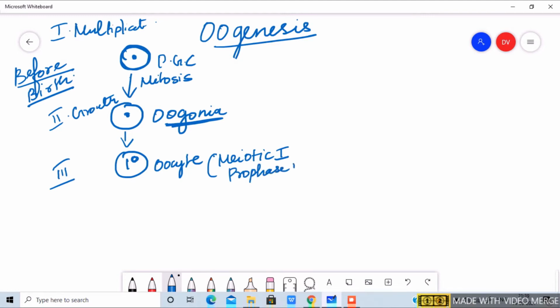There is a stage called prophase 1 in meiosis 1, and under prophase 1 there is a phase called diplotene. At that stage it gets arrested, right? So this primary oocyte, which is arrested during first meiosis in prophase 1, will be there in the baby's embryo.